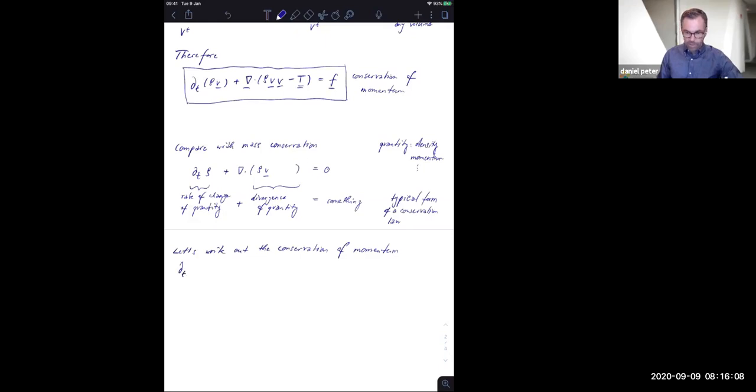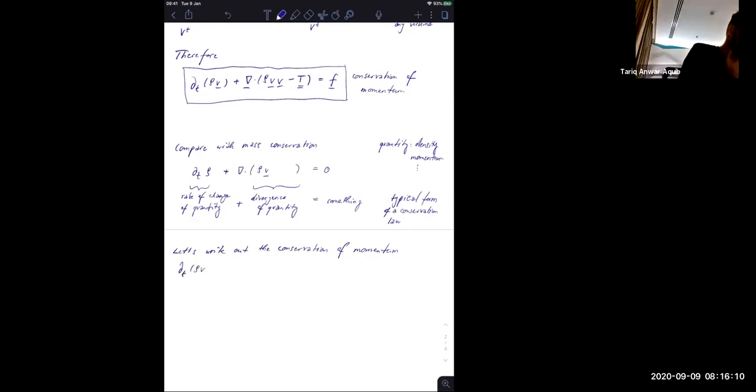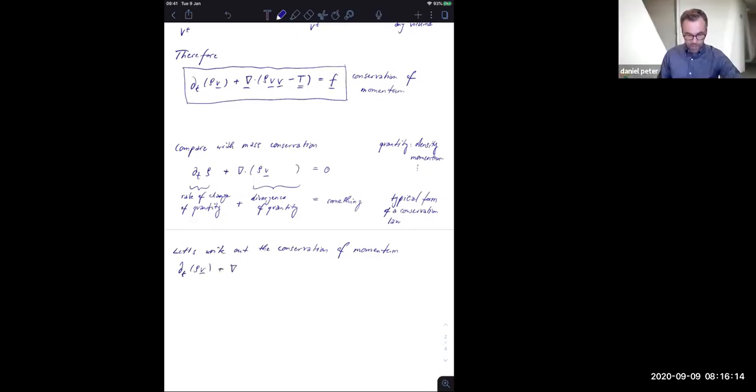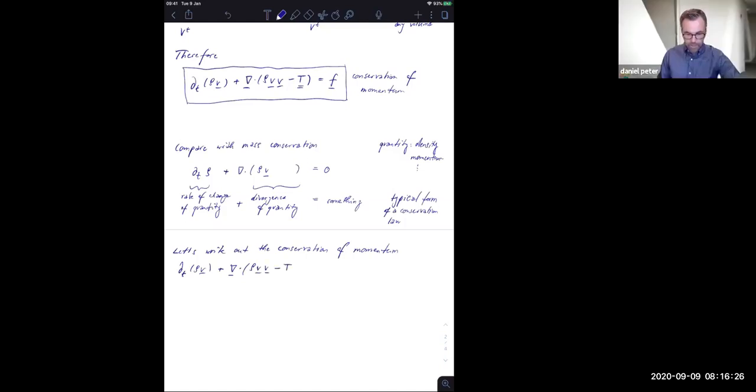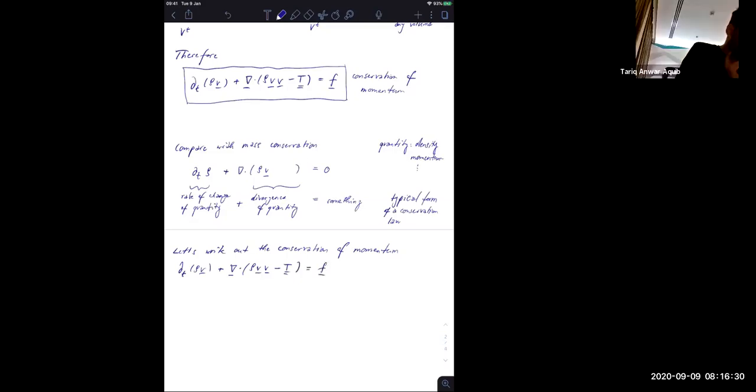So with this time derivative plus the divergence, yeah, let's keep it this way, minus the stress tensor equal to the body forces.